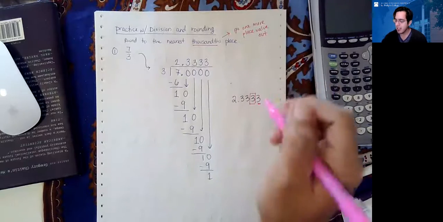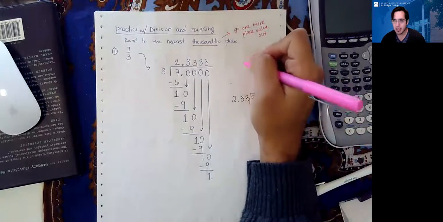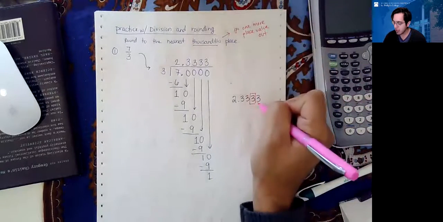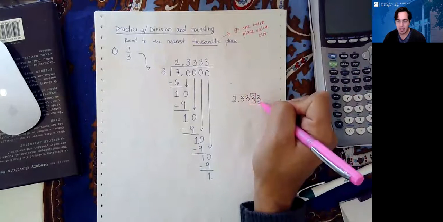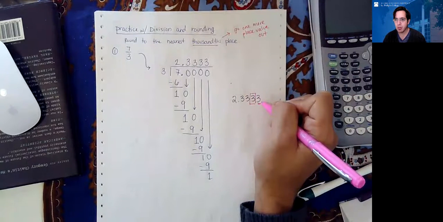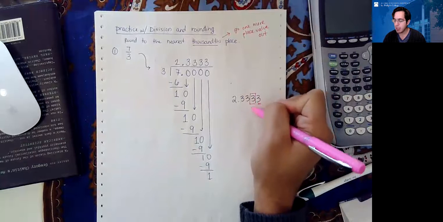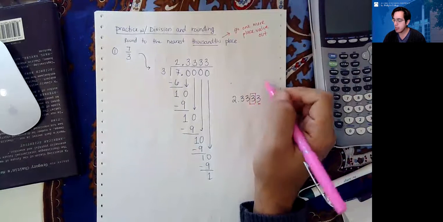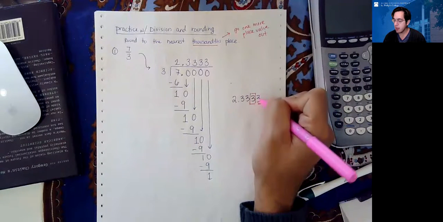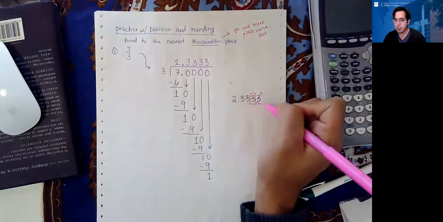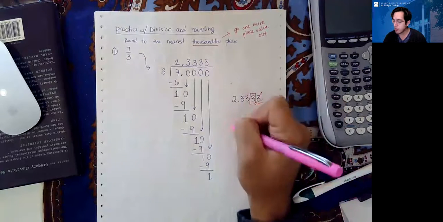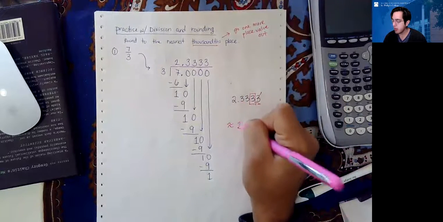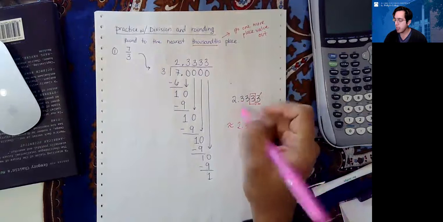Okay, and let me stop using my analogy now. What we do is go to the neighbor, but if that neighbor does not have a 5 or more, then we cannot round this up. So because this is a 4 or below, we just cross that out, and our answer will just be approximately 2.333, and that will be it.